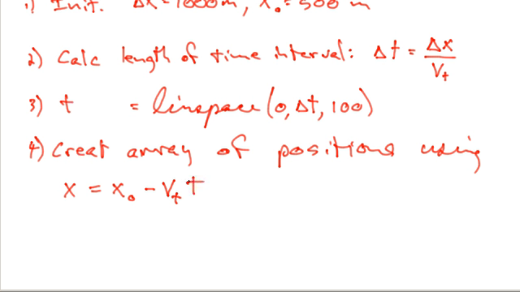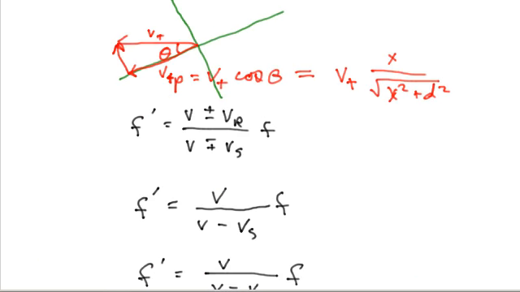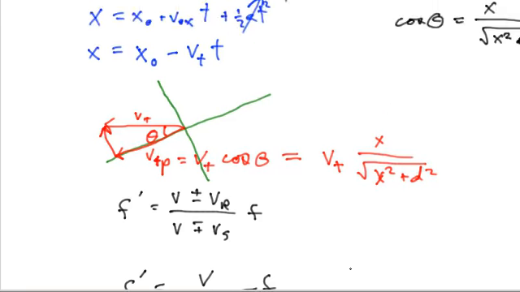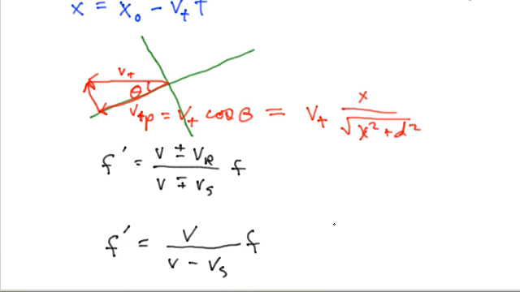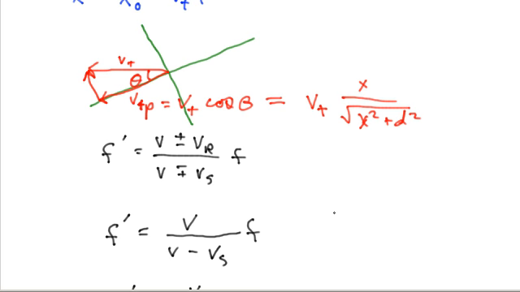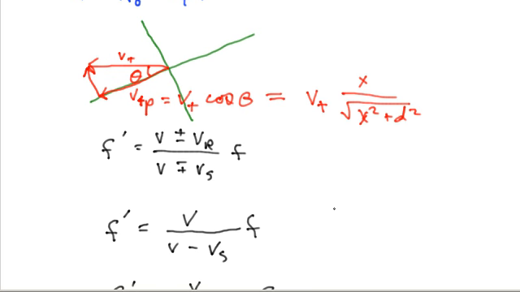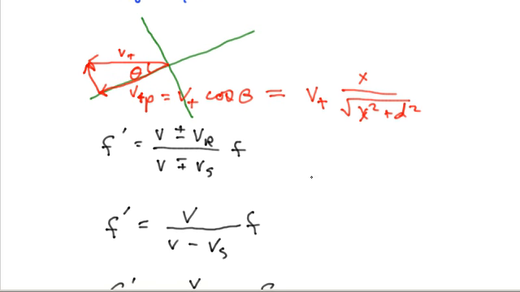It's an array because t is an array. So create an array of positions using that. And then at each position, calculate VTP, the velocity of the train toward the person, using this formula.